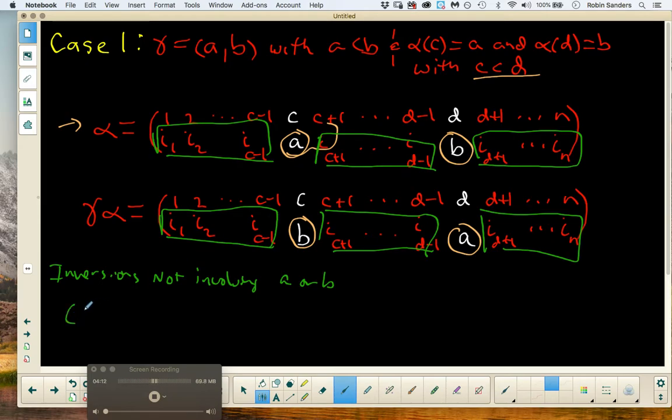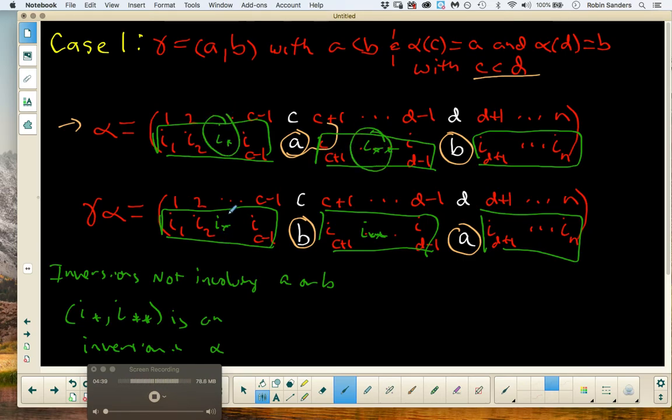So if I star, I double star is an inversion in alpha, then both of them are in the green part. They're in the wrong order up here, so they're also in the wrong order down here.